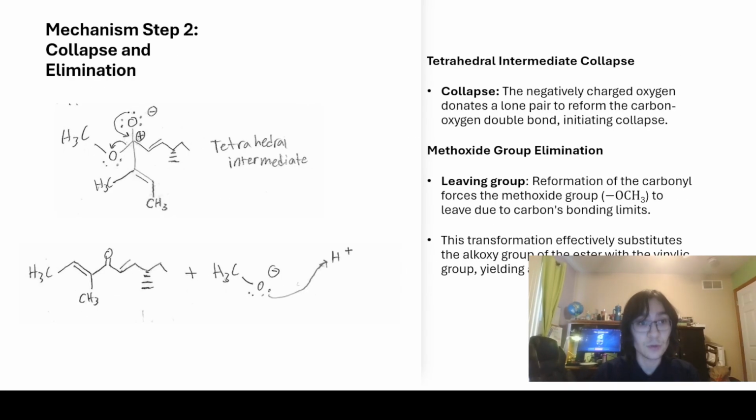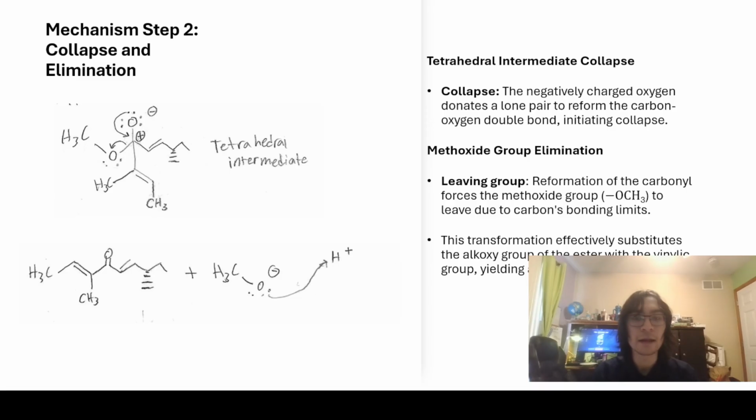So now for mechanism step two, the collapse and elimination. Talking about collapse, the tetrahedral intermediate is not really stable after it was created, so the reaction has to continue. The lone pair on the negatively charged oxygen collapses back in order to reform the carbonyl double bond, and I represented it with a curved arrow from the oxygen to the carbon-oxygen bond.